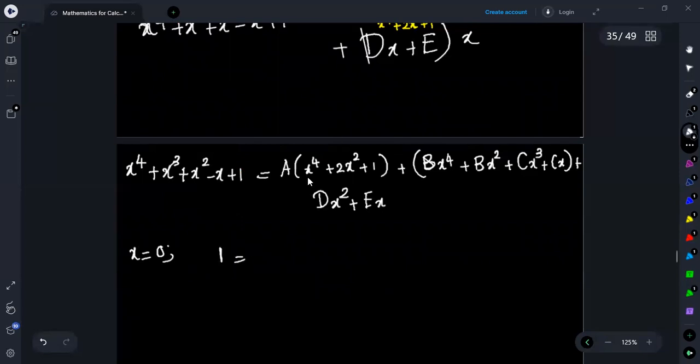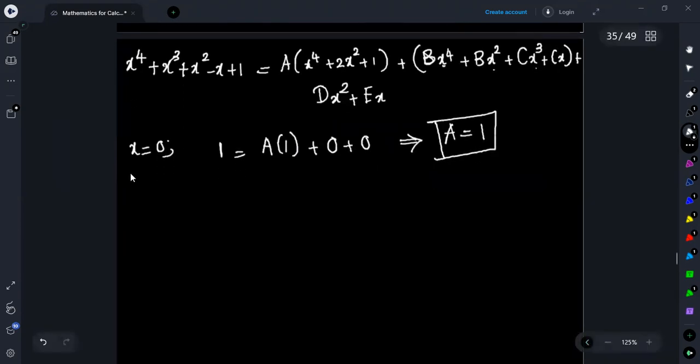So we can write A times 1. This is 0, this is 0, and here D times 0 and E times 0 are again 0. So we can obtain A equals 1 by considering x equals 0.